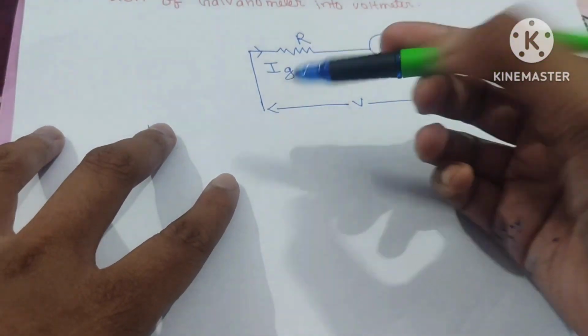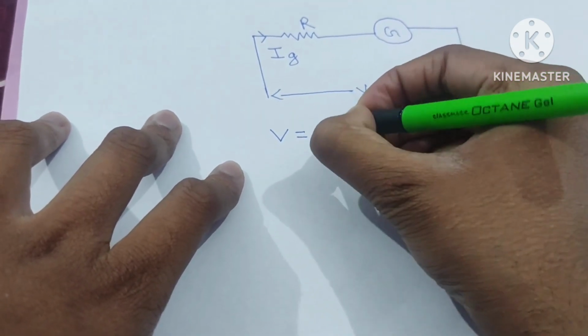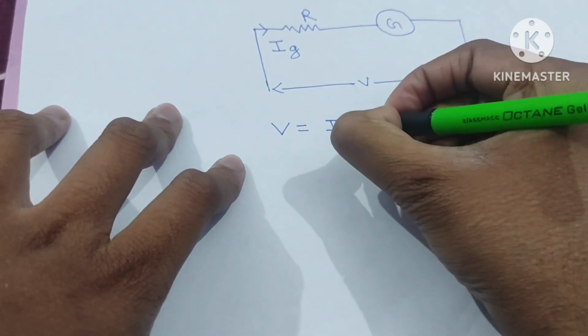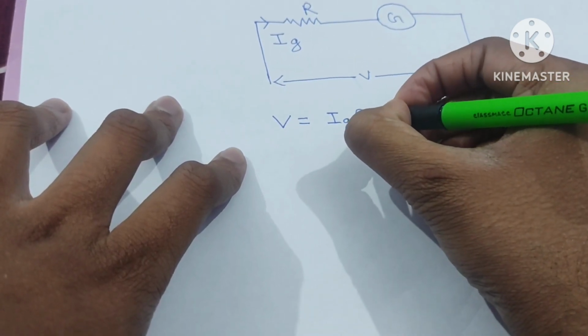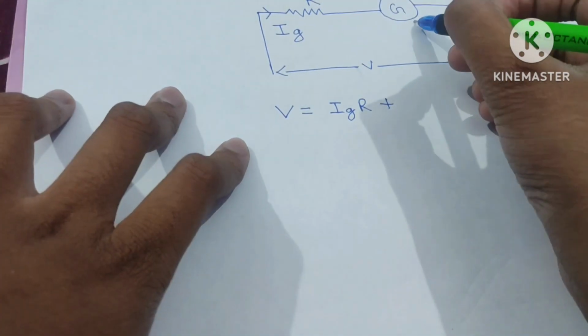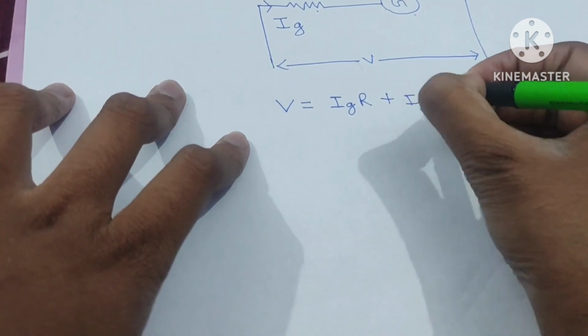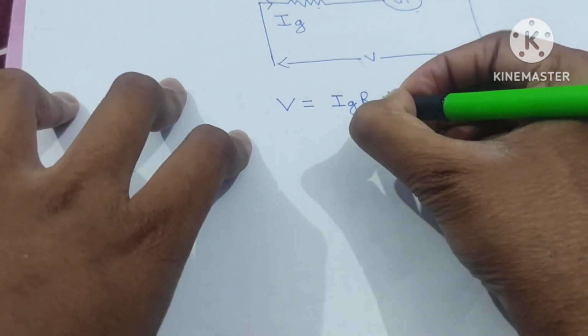Today we'll know about the conversion of galvanometer into voltmeter. So what will happen? We know V is what? I R. So we'll take I G R, plus the I G current is passing through the galvanometer and R, so it will be I G G also. So we need to find the R resistance.